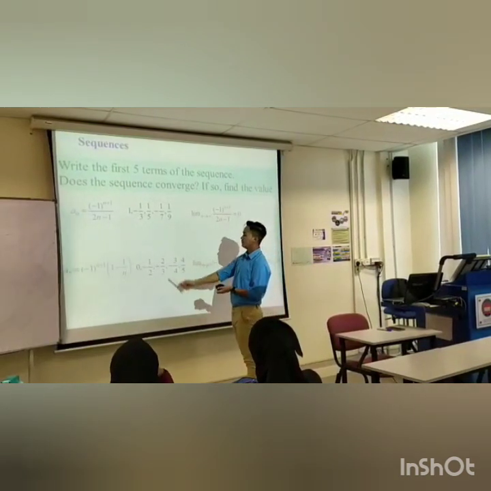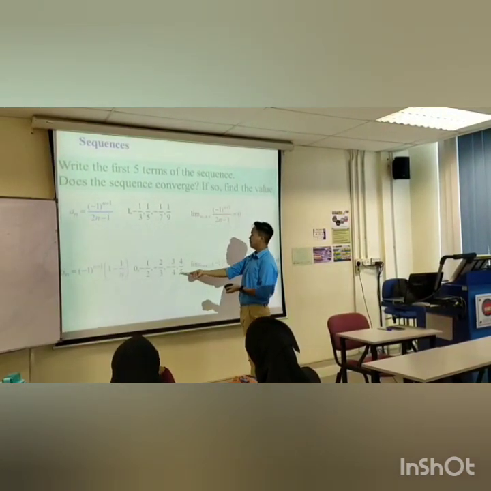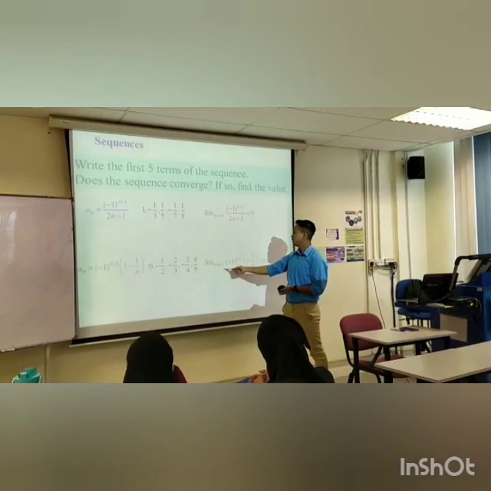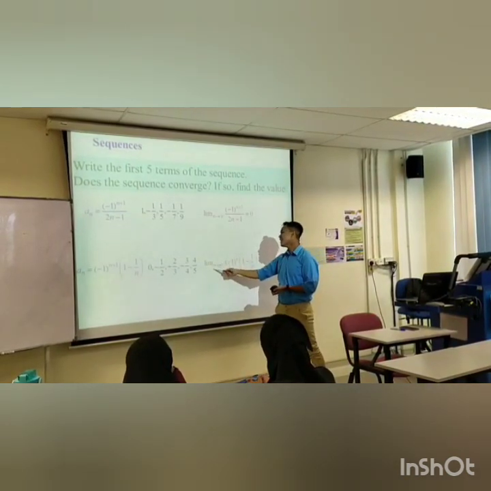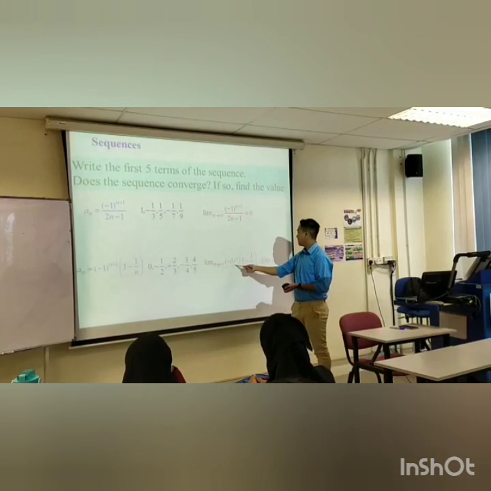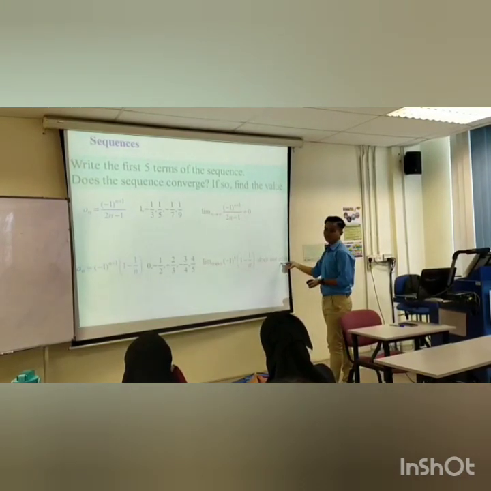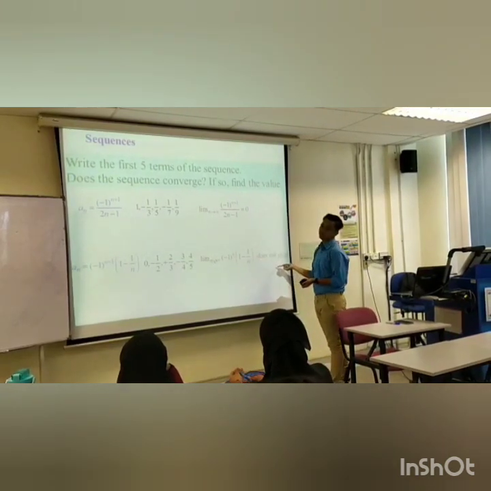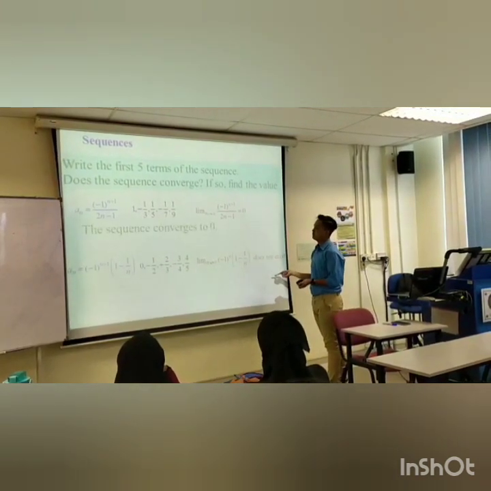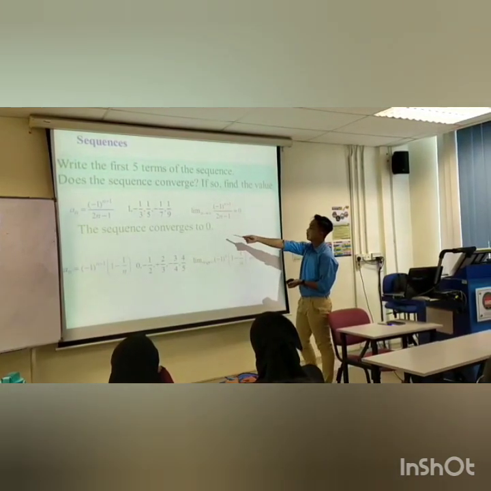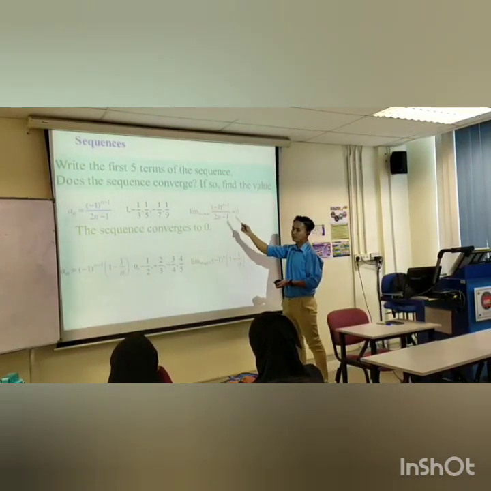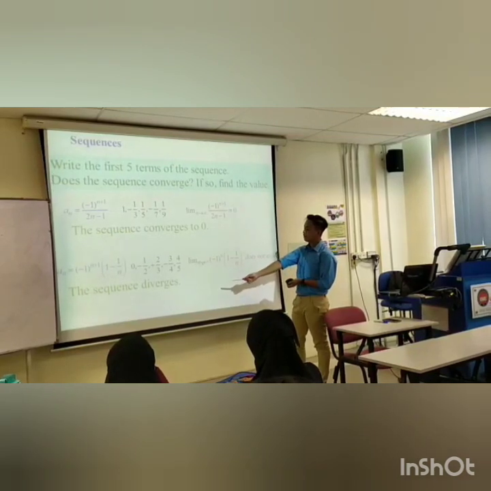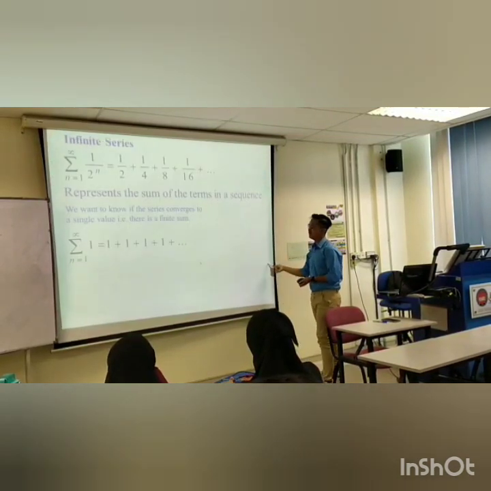Also this one, you sub in the value, the limit as n approaches infinity does not exist, because when you sub in the value, it doesn't exist. The sequence converges to 0, horizontal asymptote at 0, and then the sequence diverges because the limit does not exist.